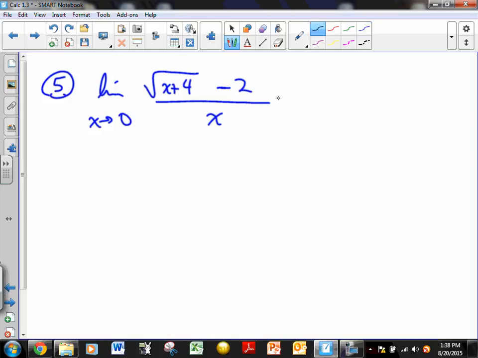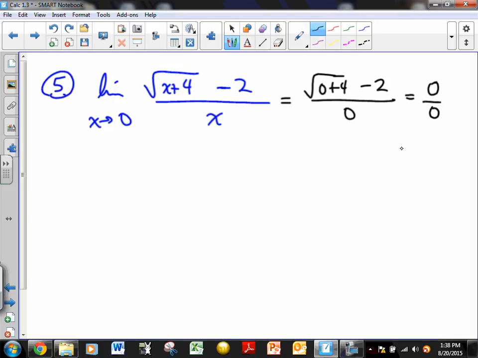If I do that, I'm going to get the square root of 0 plus 4 minus 2 all over 0. Well, that's not good. Notice this minus 2 is outside of the radical. The plus 4 is inside the radical. The square root of 4 is 2. 2 minus 2 is 0 over 0. 0 over 0. Indeterminate form.